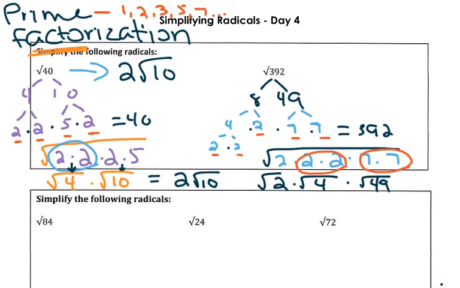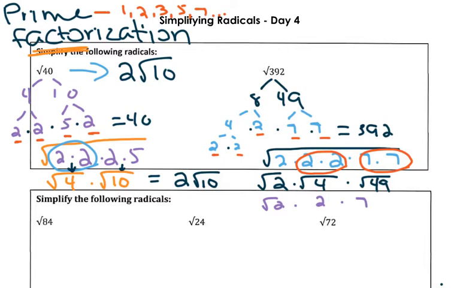And if I were to simplify this, well, I know the square root of 4 is 2, times the square root of 49, which is 7. And I can't take the square root of 2 because that's going to give me a decimal, so I'm going to keep it as a radical. Okay, and I could combine my like terms.